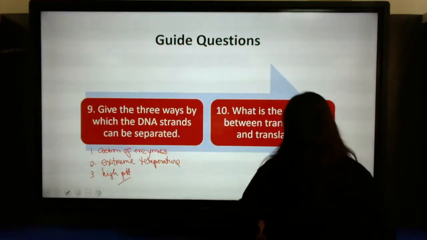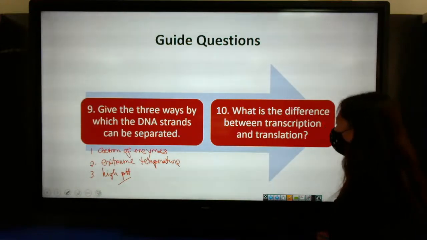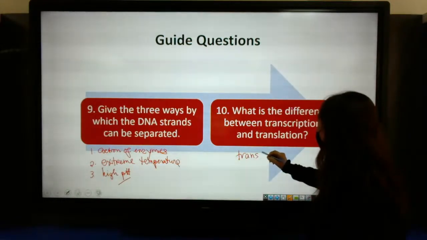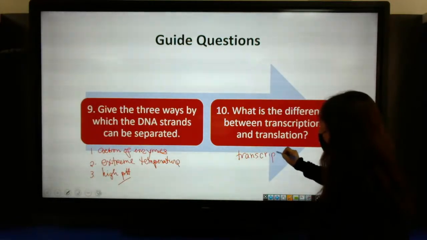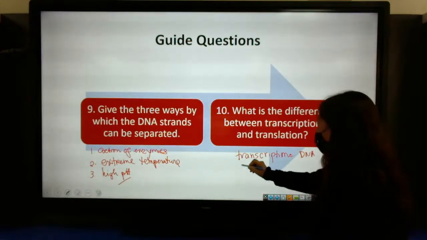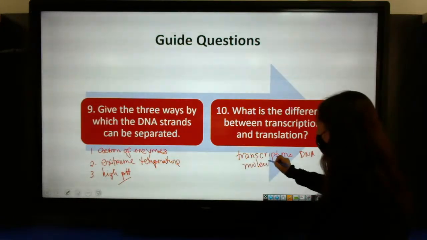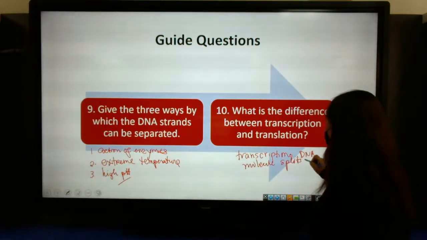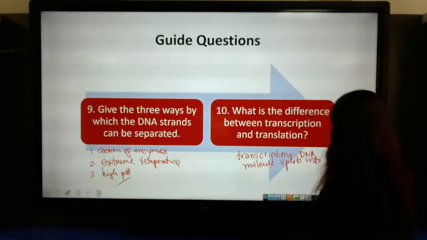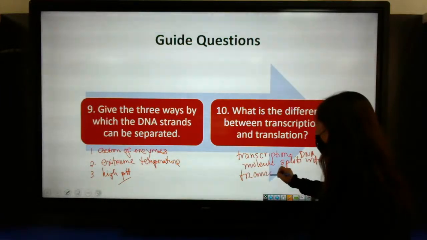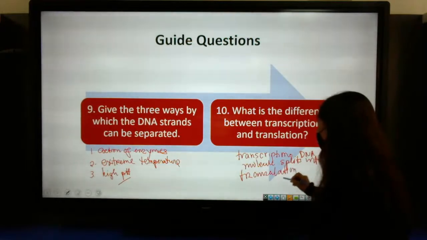Okay, number 10. What is the difference between transcription and translation? In transcription, the DNA molecule splits into 2 strands. Whereas in translation, the one that works is your RNA.